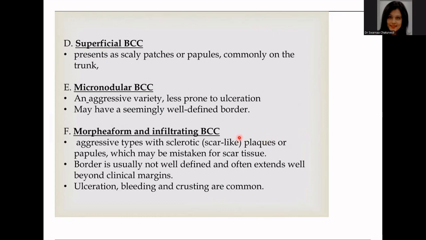The last variant is the morphiform or infiltrating BCC. It's the most aggressive one, with a scar-like plaque or papule, which may be mistaken for scar tissue. The border is usually not well defined and often extends well beyond the clinical margins. Ulceration, bleeding and crusting are very common in this variant.